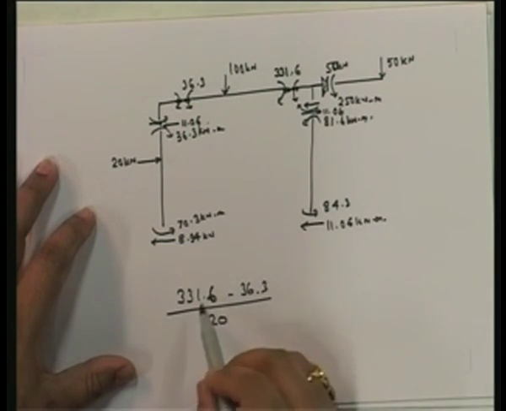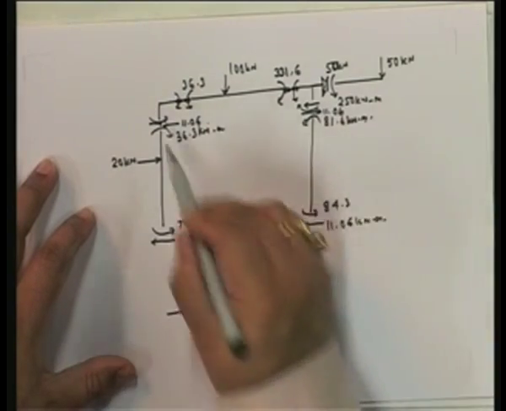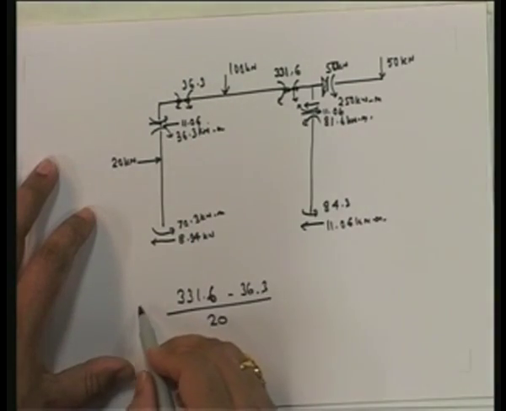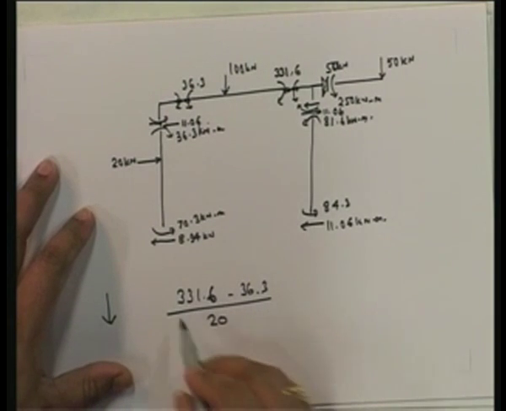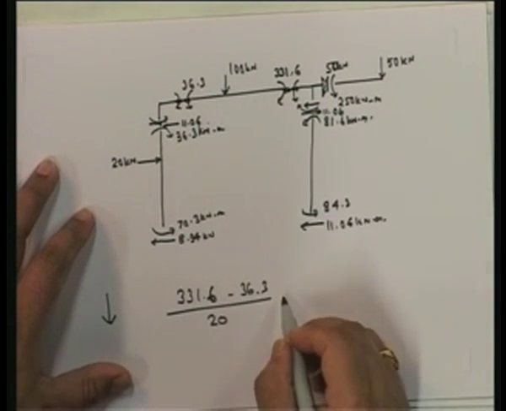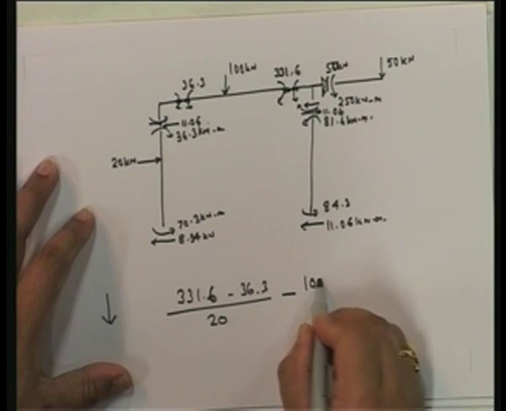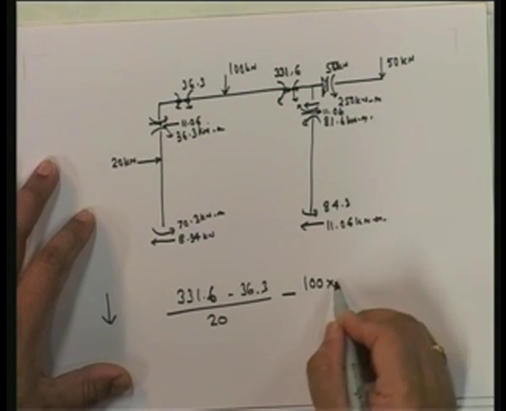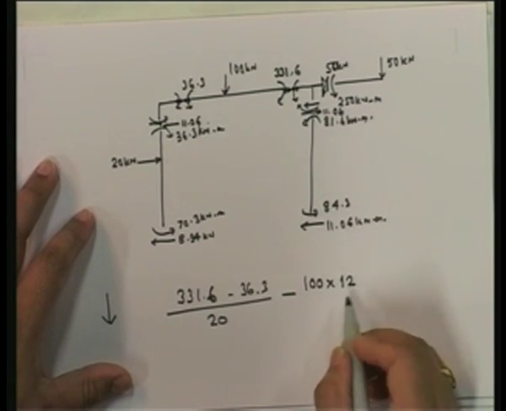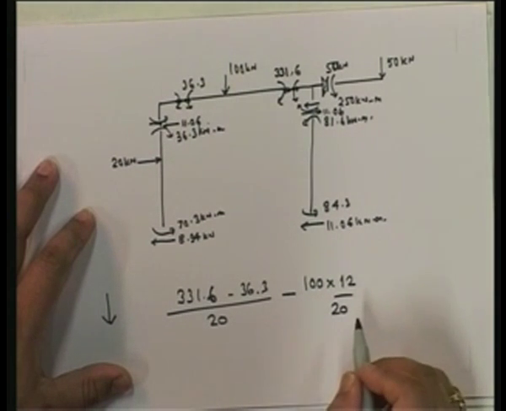Taking force in this direction, plus I have minus 100 into 12 upon 20.